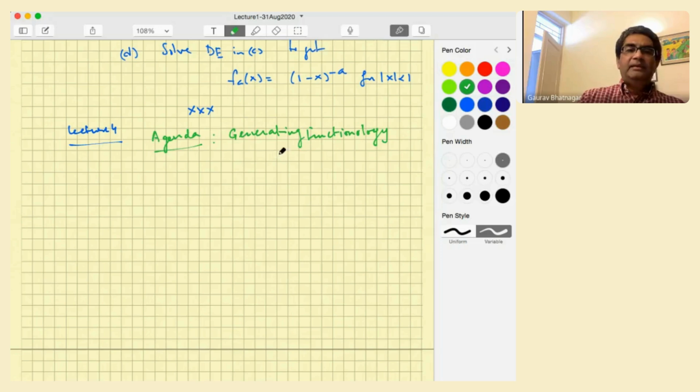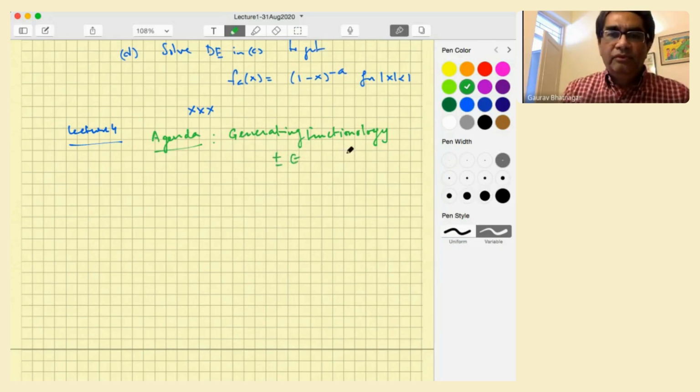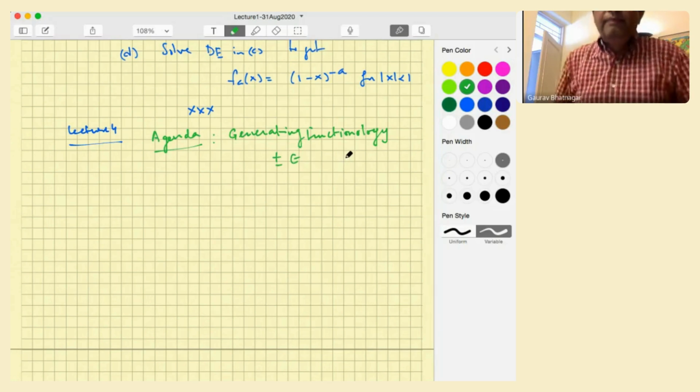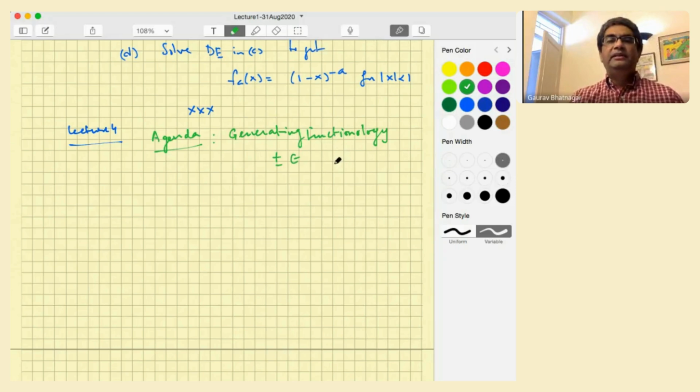And then we will do plus minus epsilon here. So we will follow this book for a while, generating functionology by Wilf, since we already reached that Catalan number.